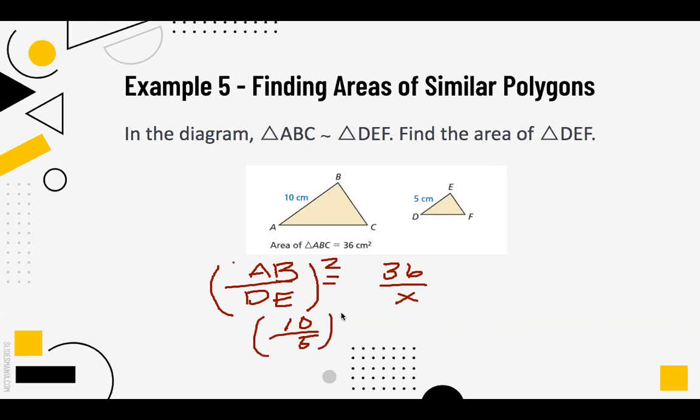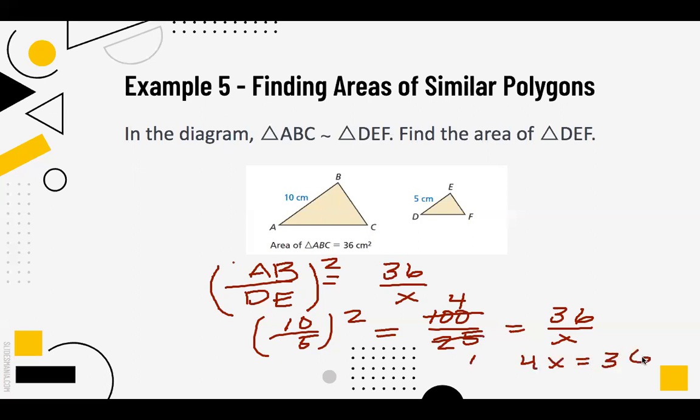And those are going to be squared. All right, so that's going to be 10 squared is 100, 5 squared is 25, and that is equal to 36 over X. So 100 over 25 can reduce to 4 over 1. So 4X is equal to 36, and then X would be equal to 9. So I used my sides to compare with the area. Questions?